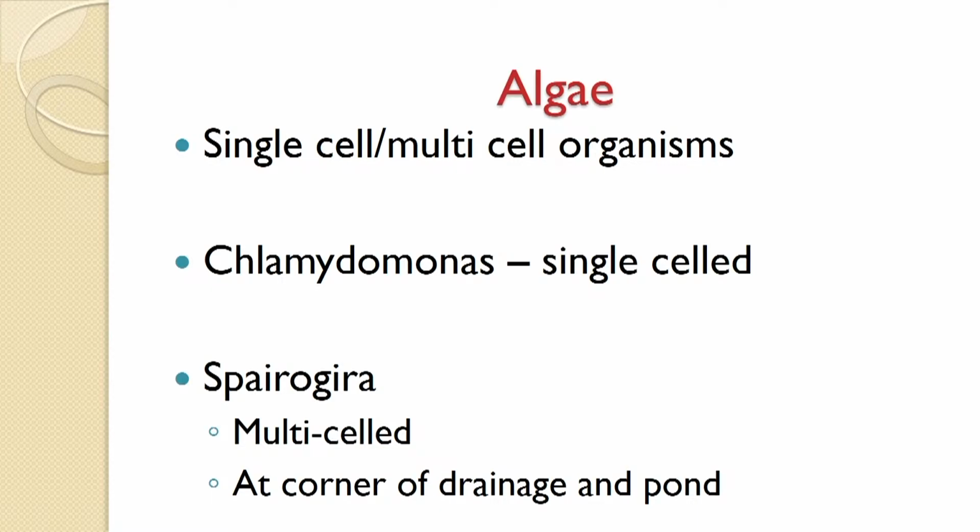The single celled alga is Chlamydomonas, whereas Spirogyra is a multi-celled alga, and it is mainly found in the corner of a drainage pipe or a pond. Algae can generate their own food. Algae also provide oxygen in our environment. So algae are very helpful for a healthy ecosystem.